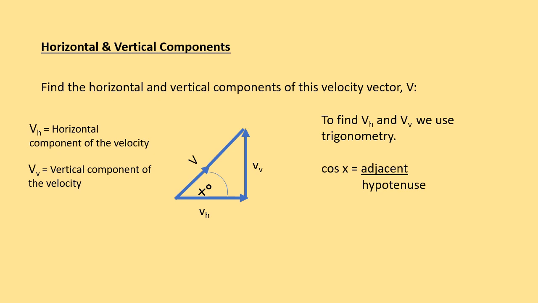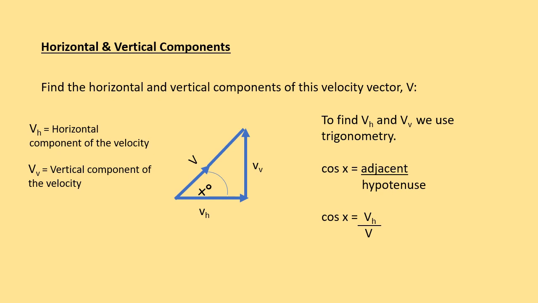So as you know from maths, SOHCAHTOA, cos x is equal to the adjacent over the hypotenuse. So this is our angle here, x, the angle to the horizontal. So the adjacent in this situation would be VH, and the hypotenuse is V, the longest side.